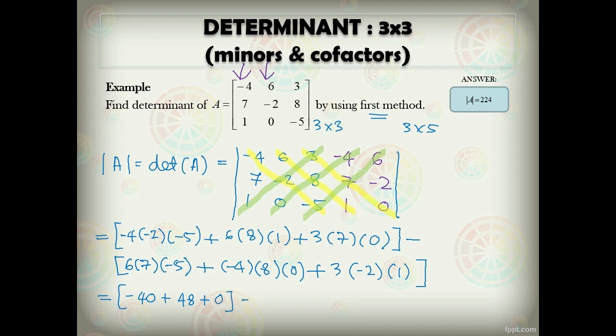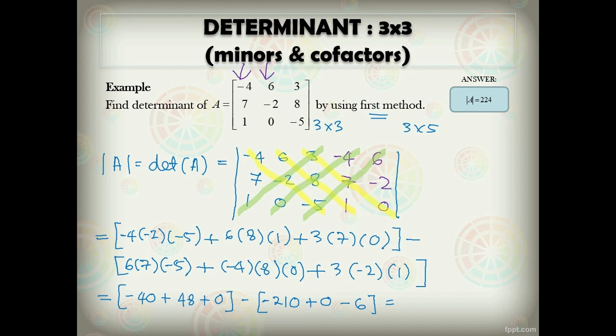Close the bracket. Minus, now solve this bracket: 6 multiplied by 7 multiplied by minus 5 is minus 210, plus 0 minus 6.